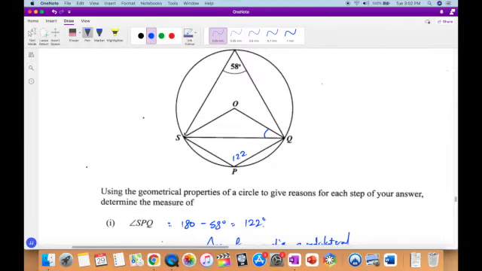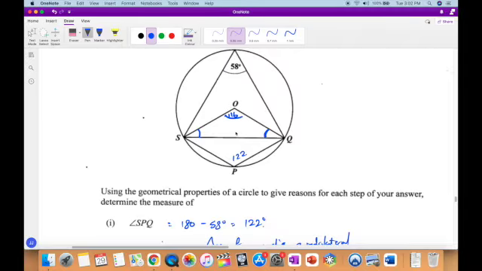I could tell here that these are radii from the center O. So that means that these are indeed equal. And because these are equal, it's an isosceles triangle, which means this angle is the same as this one. I could also tell that the angle at O is going to be 58 times 2. So 58 times 2 is 116. So this is going to be 116 here.